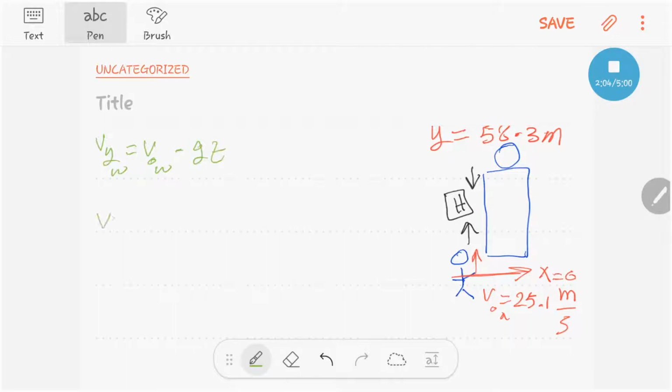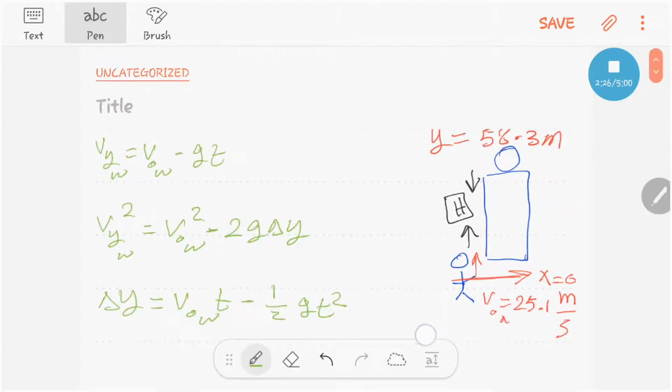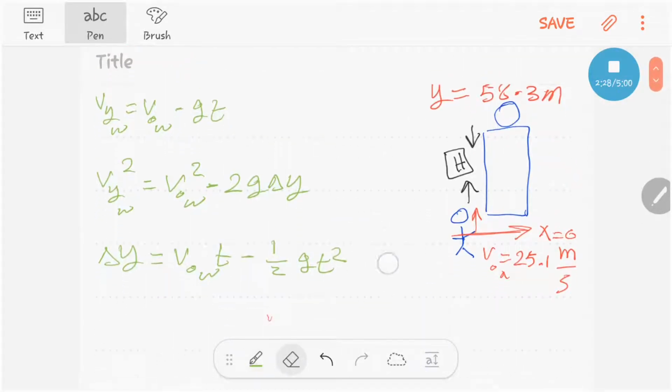Vy watermelon squared equals v naught y squared minus 2g delta y. Delta y equals v naught y t minus half gt squared. These are the equations for the watermelon.